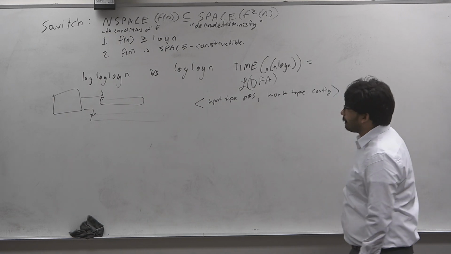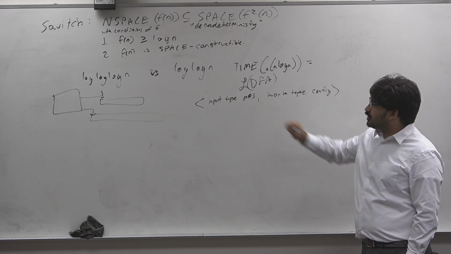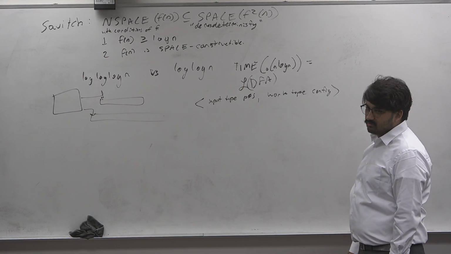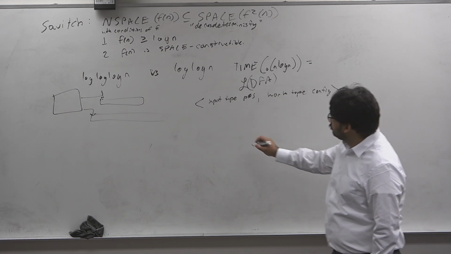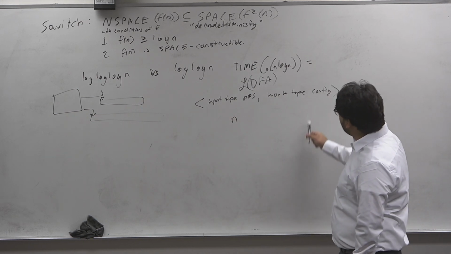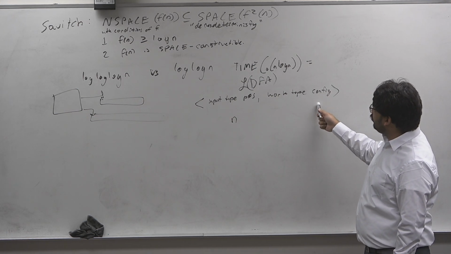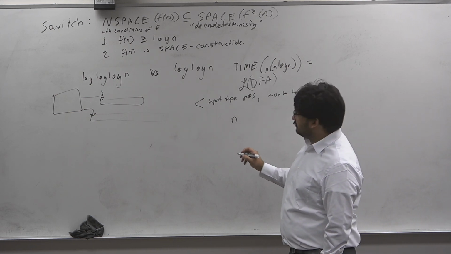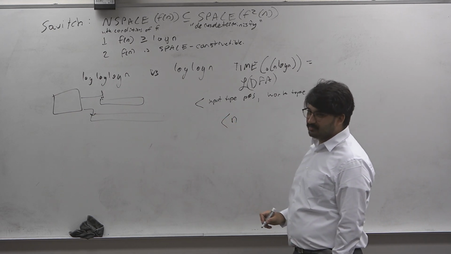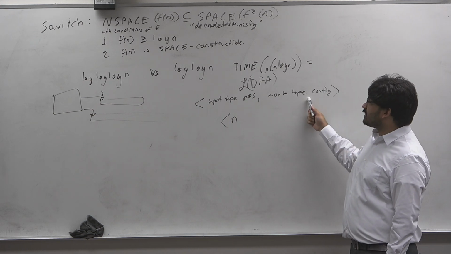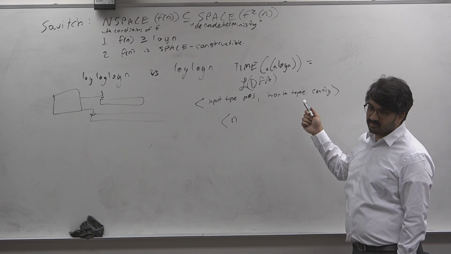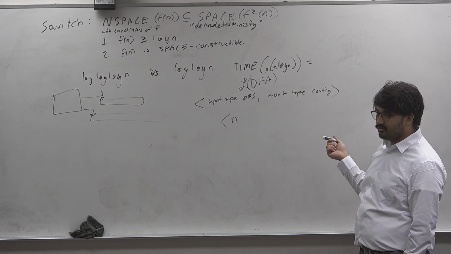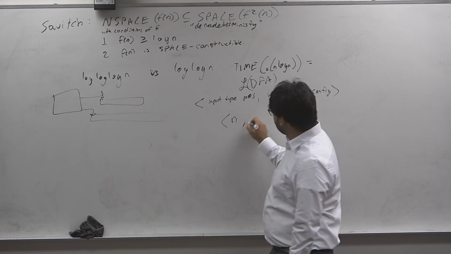How many possible positions could you be in on the input tape? Exactly, n. How many possible work tape configurations are there? First off, what is the size of a work tape configuration? It's like the space, right? So how many possible configurations are there of that? 2 to the space complexity.